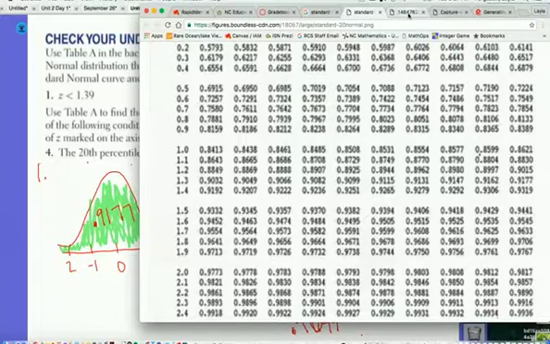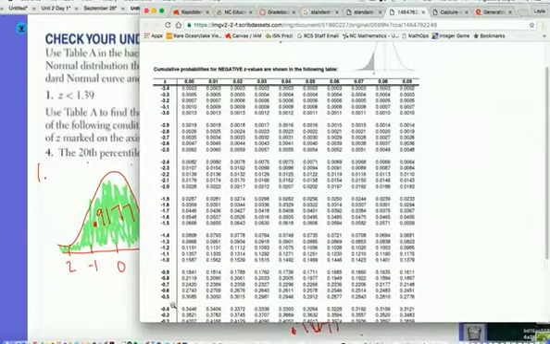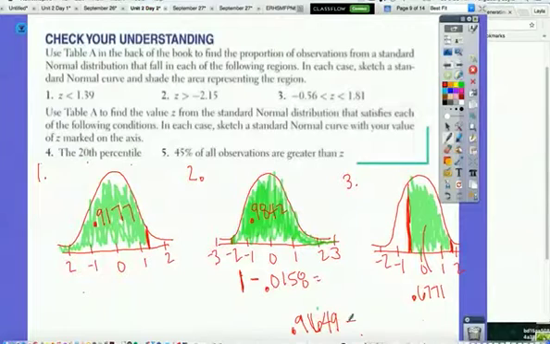You would go to your table, go to negative 0.5, go over to 0.56, which would be 0.2877. And when you did that, it would work out and give you 0.6772, which is approximately the same answer that we get here. Either way is fine. Do whichever one you prefer.